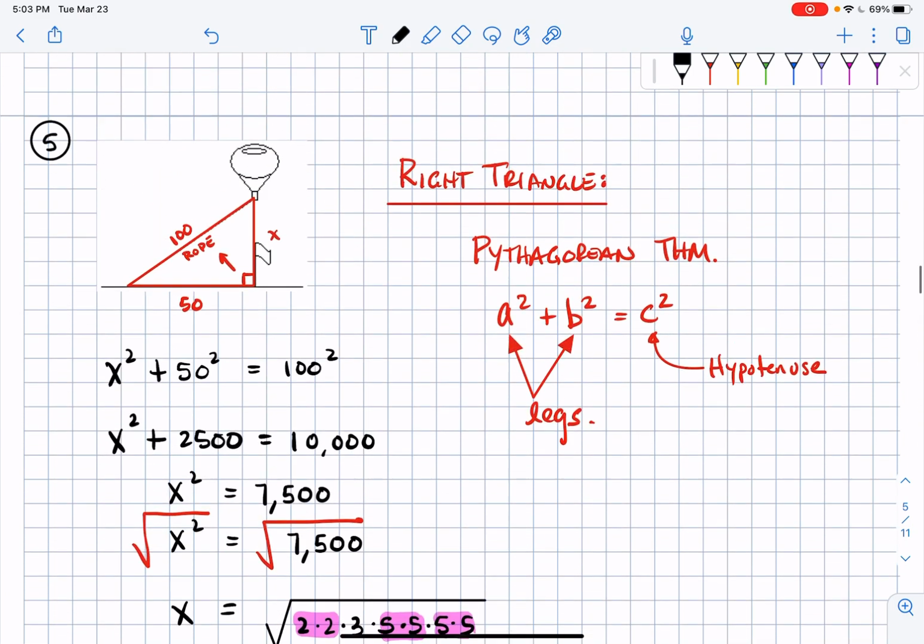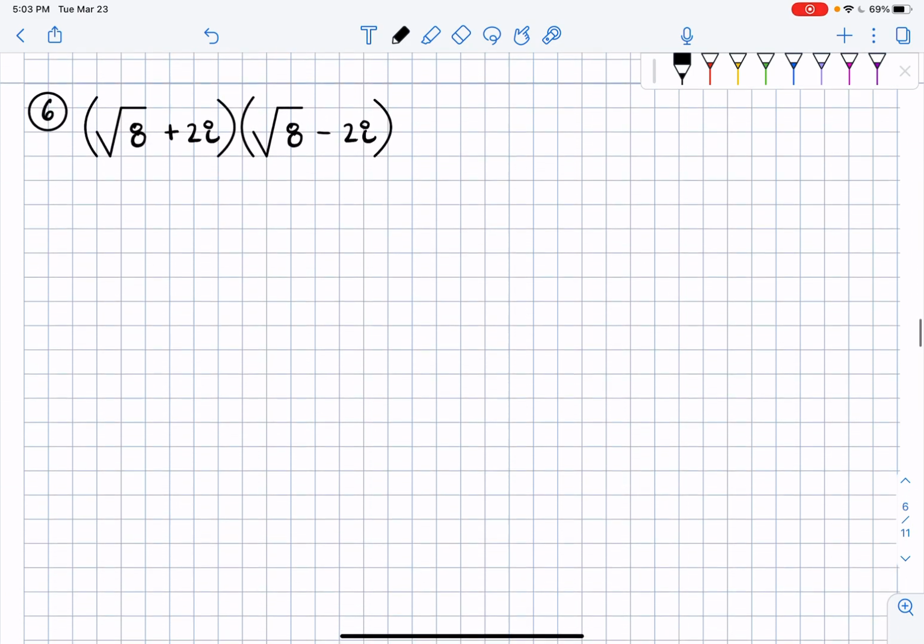All right, so that's number 5. On to number 6. This looks like a binomial times a binomial, right? So here is my suggestion.